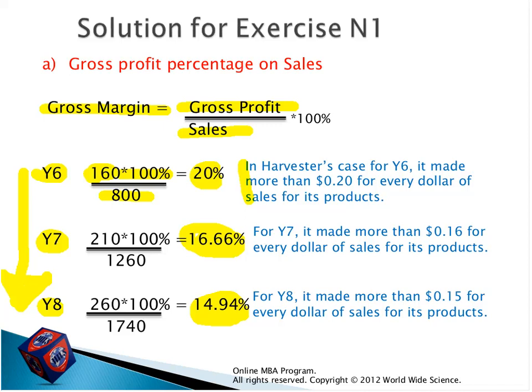A lot of reasons we can find for these results, and we have to identify what is actually being affected. As well, it can be some internal factors. What do you think? You have to make analysis based on these figures.